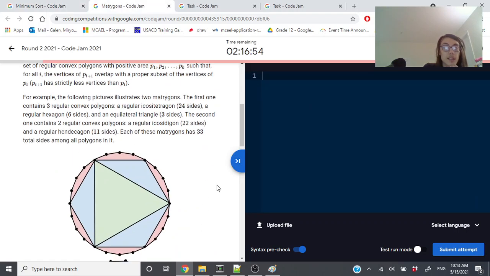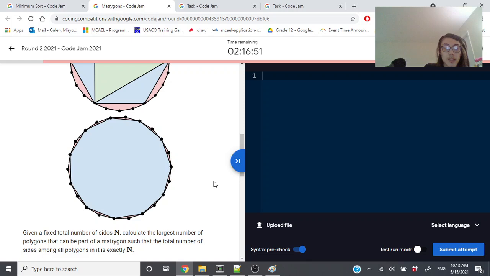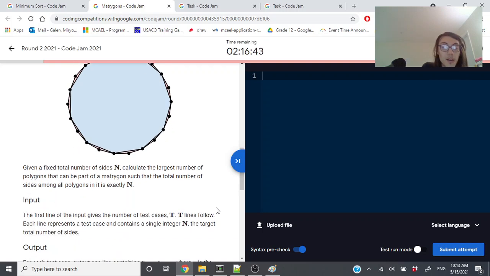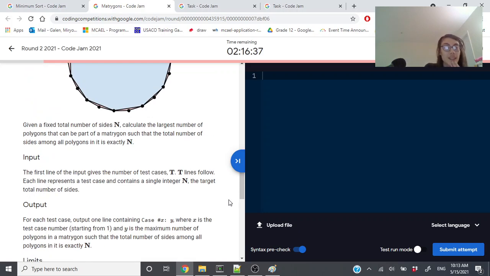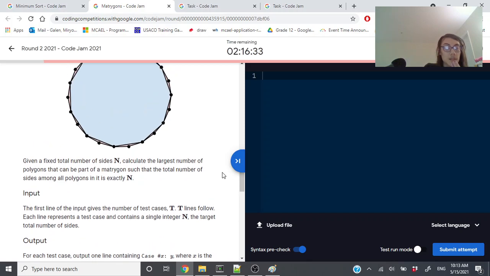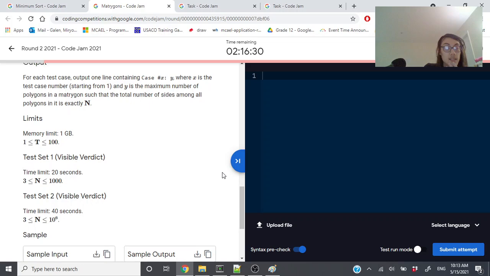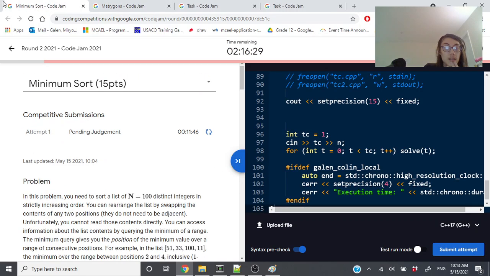So it has to be a divisor, I think. Or no, not necessarily a divisor, but the GCD, wait. Oh no, this is a problem on Codeforces. Calculate the largest number of polygons that can be part of a Matrygon such that the total number of sides is exactly n.